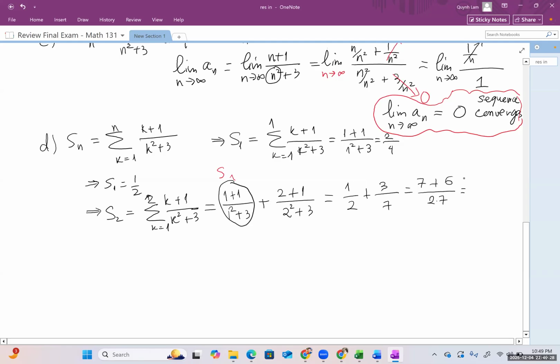We're going to have 7 plus 6 equal to 13 divided by 14. So we know that S2 now will be 13 over 14.